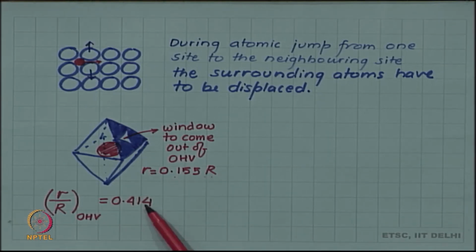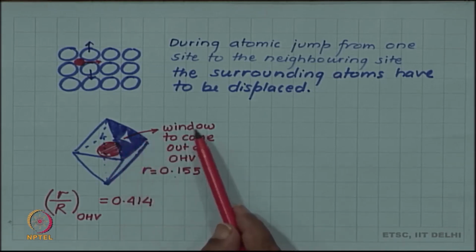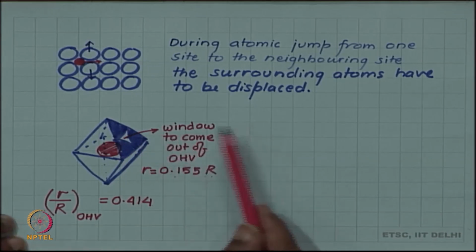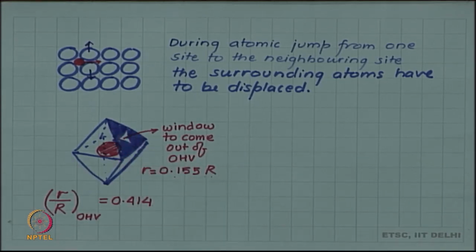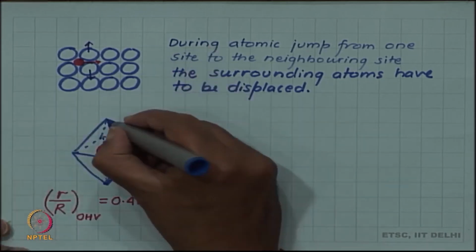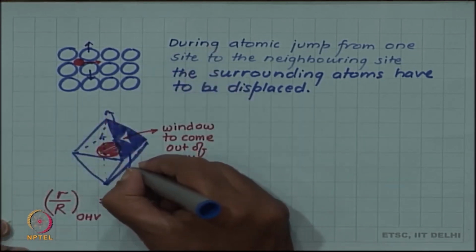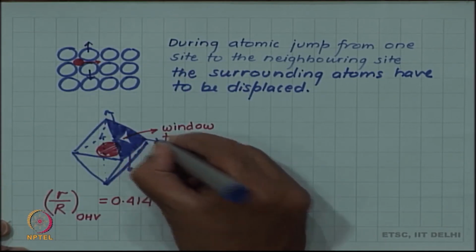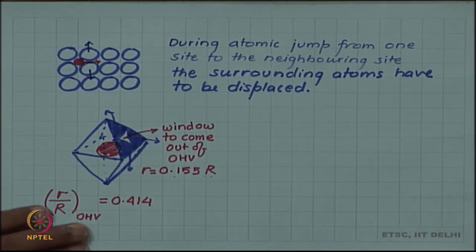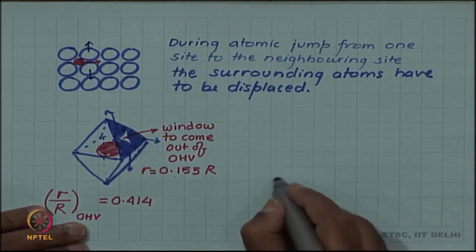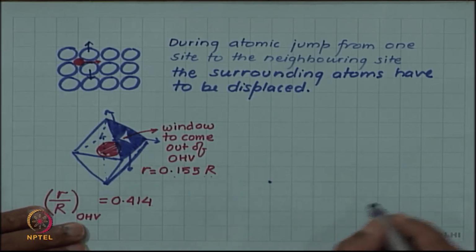So, although a larger atom can fit inside, when it is trying to come out of this octahedral void to some nearby site, it has to displace these neighboring atoms. These neighboring atoms have to be displaced out to increase the size of the window and come out. So, this will create a distortion, and in terms of energy the energy of the system must increase.